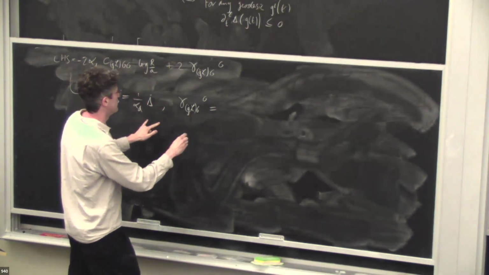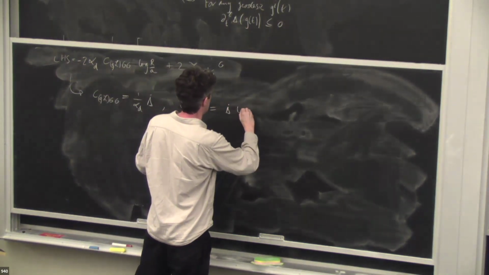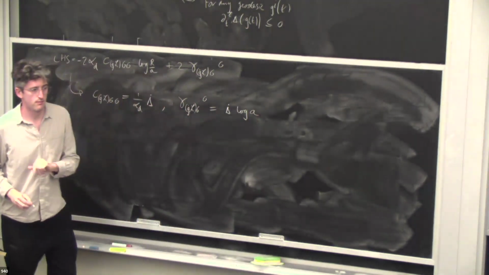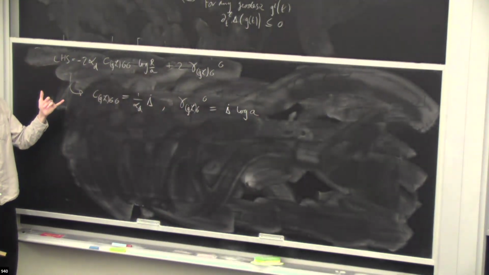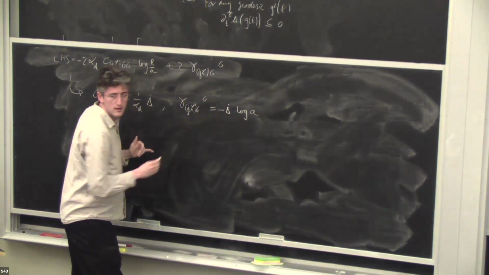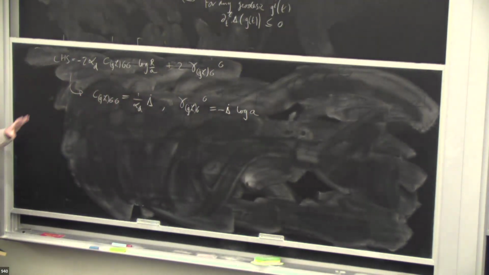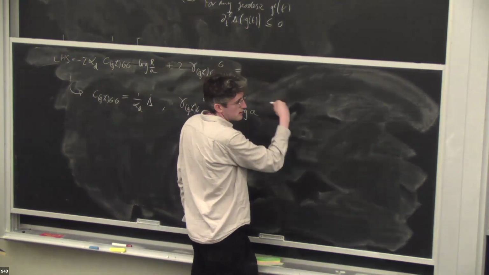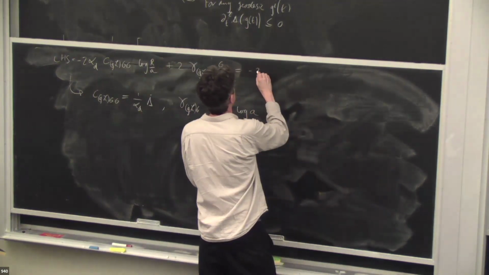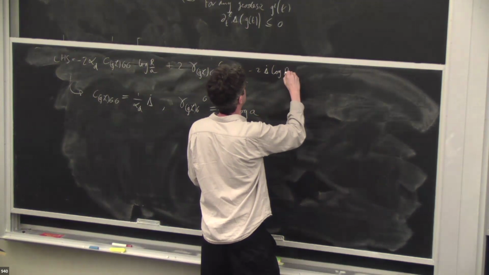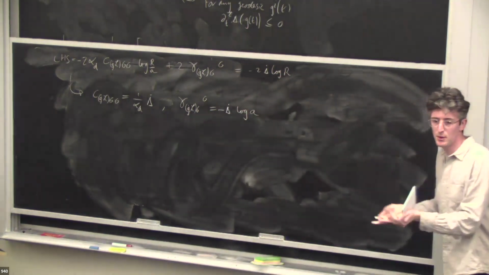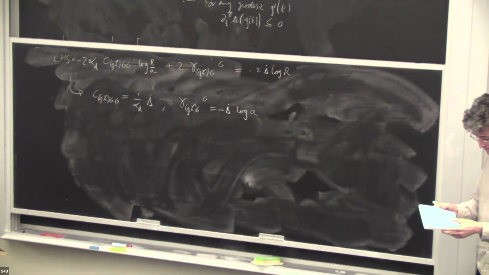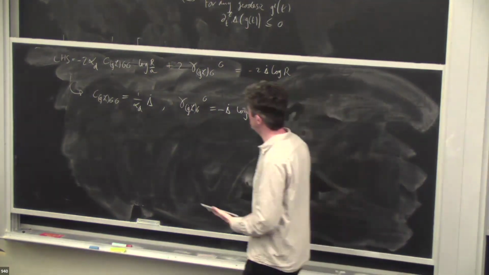So it should be something like delta dot log a. Not sure about the sign. Okay, so is that clear? This reproduces the right-hand side, right? Because now this equals minus 2 delta dot log R. So this is how these computations work in conformal perturbation theory. Any questions about this?